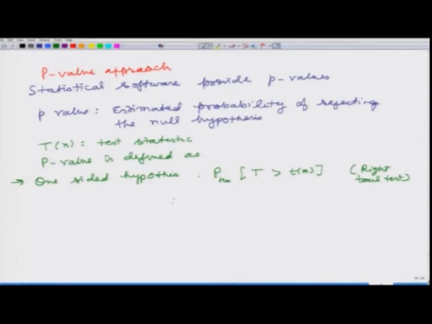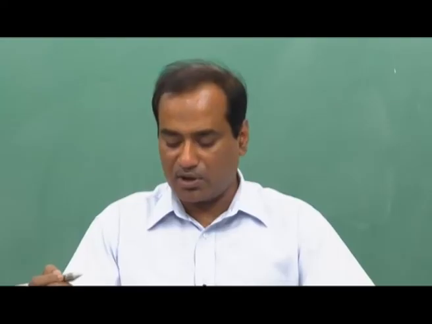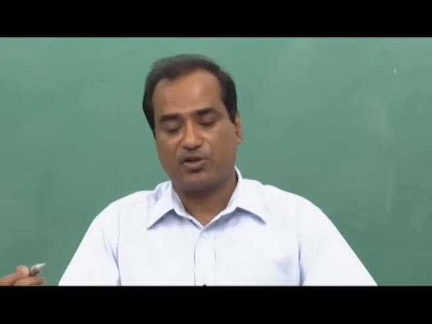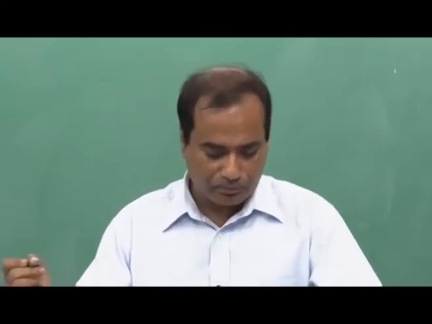And in case I am considering a left tail test, then this is the probability under H naught that T is less than Tx. So, we are simply trying to compute the probability of T being greater than the given value Tx or smaller than Tx under H naught, that means when H naught is true. Right.